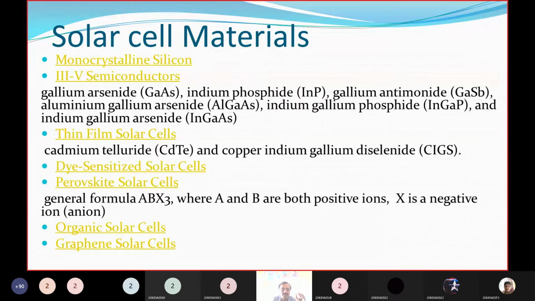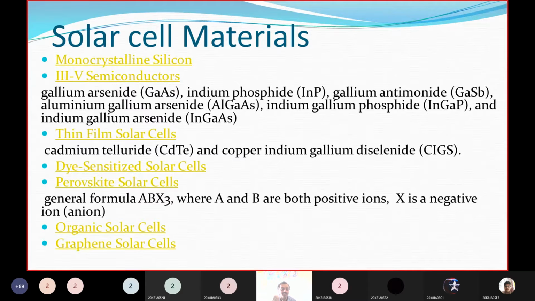It is in micrometer thickness. Because of these thin films, we can reduce the quantity of material, and we can increase the light absorbing area.